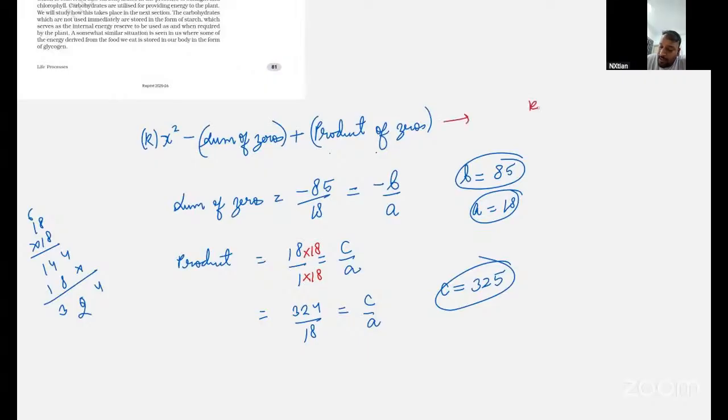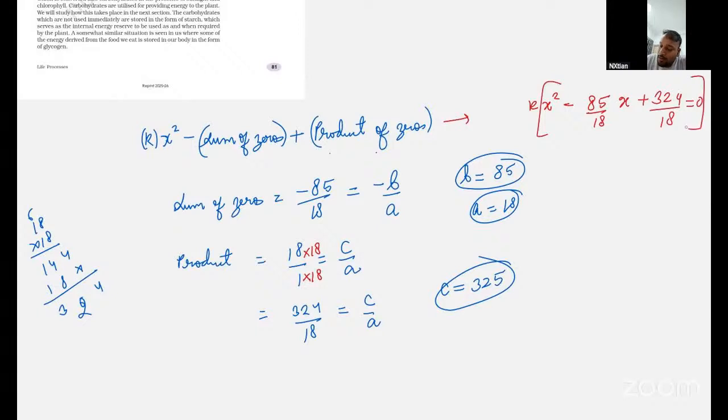So it's going to look like this: k times x square minus 85/18 x plus 324/18. K bracket, and x square minus 85/18 inside the bracket.